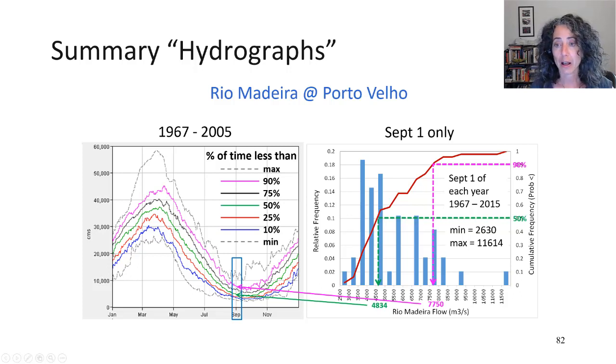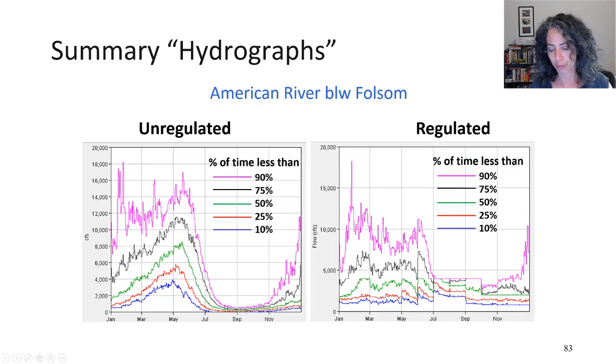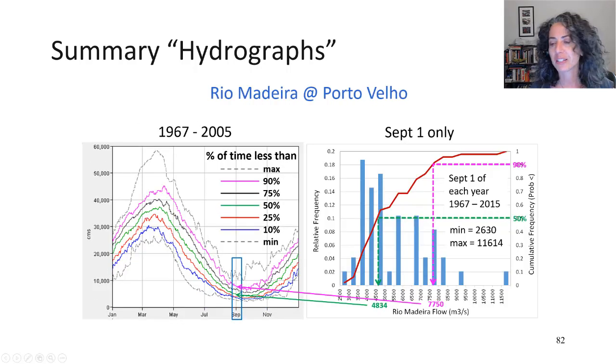We see the gradual increase and then decrease of the flows. We see the dry time of the year and the wet time of the year. The two extreme lines, the gray dashed lines, are the maximum and minimum of each day.